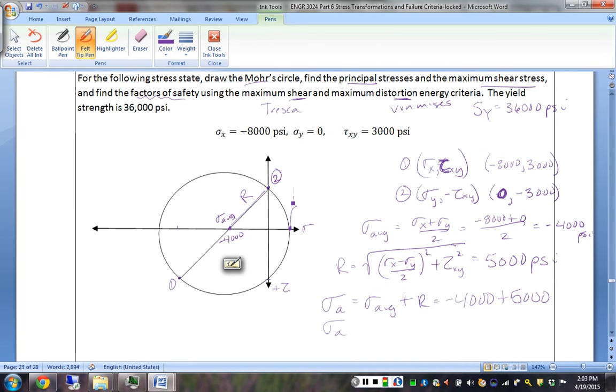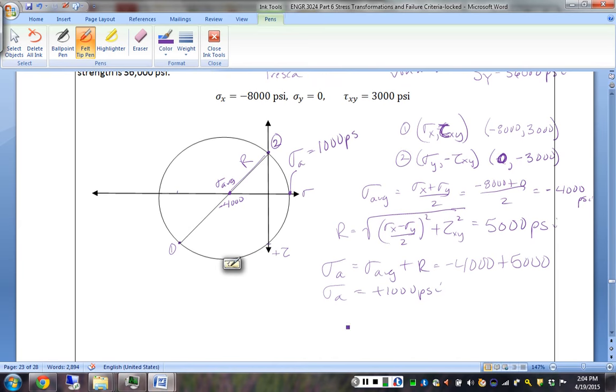Sigma A equals a plus 1,000 psi, and we know that the location of B is the average minus the radius, or minus 4,000 minus 5,000. So the second principal stress is down here at minus 9,000.